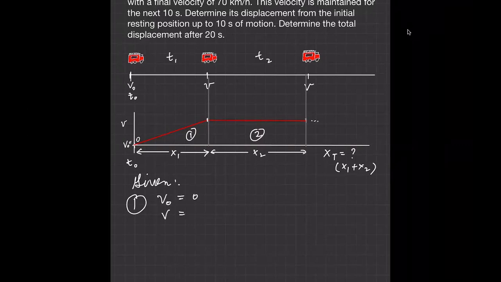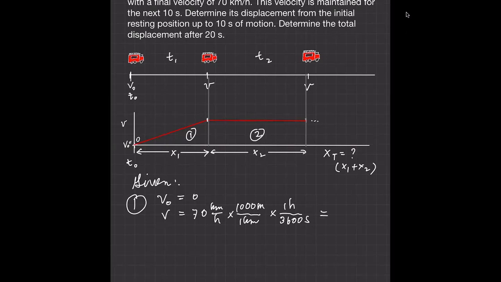Final velocity is given, that is 70 kilometers per hour, which you need to convert into meters per second. 1 kilometer is 1,000 meters, and 1 hour is 3,600 seconds. I need to calculate. Okay, so the final velocity in segment 1 is about 19 meters per second in SI unit.